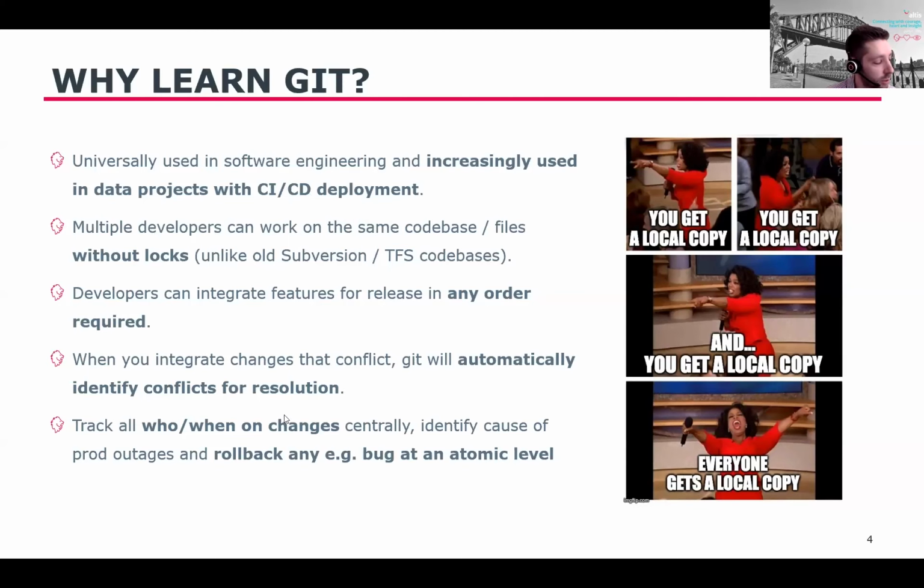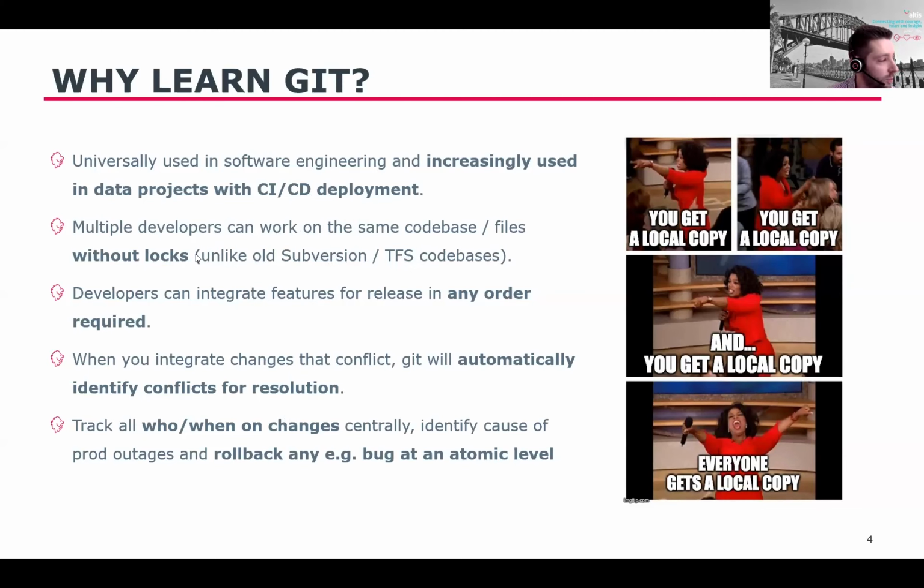And it just provides a lot of benefits that not having it would otherwise deprive you of. So if you've used previous version control tools, maybe Team Foundation Services in Visual Studio, or Subversion, they work a little bit differently in that you're actually locking the file that you're editing.